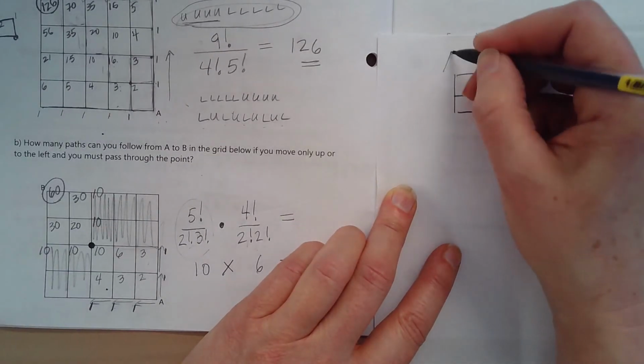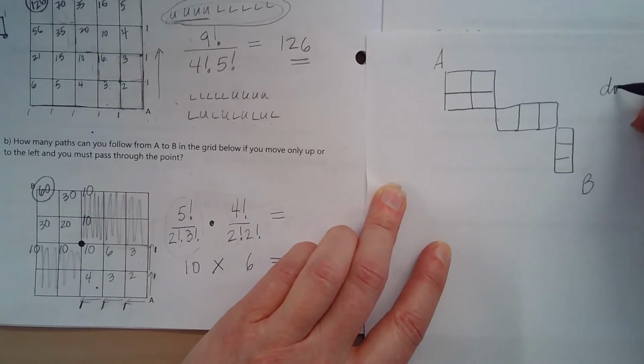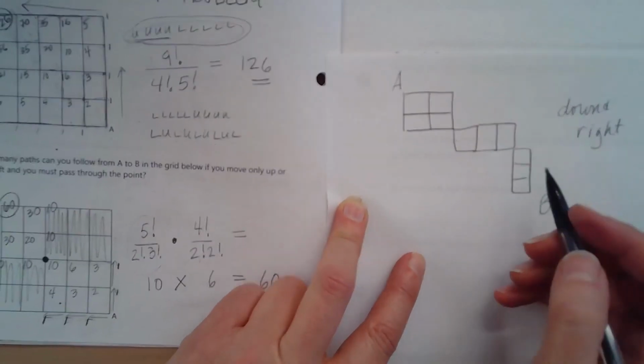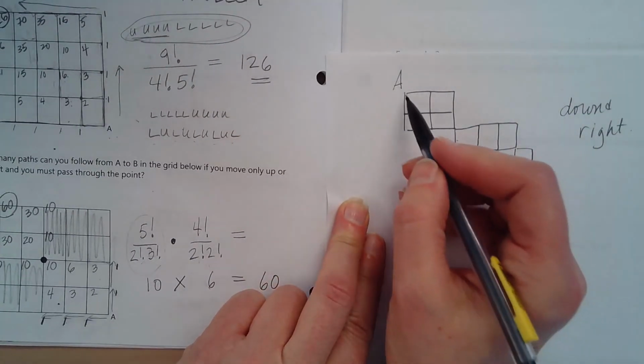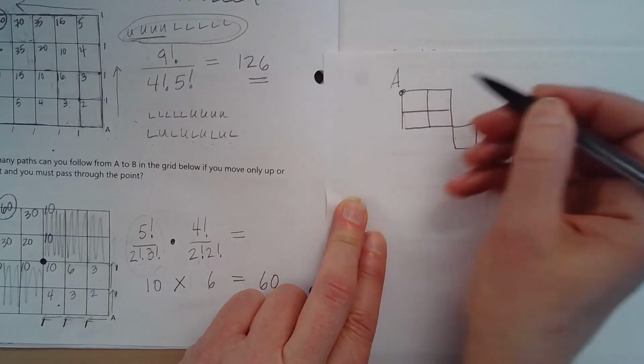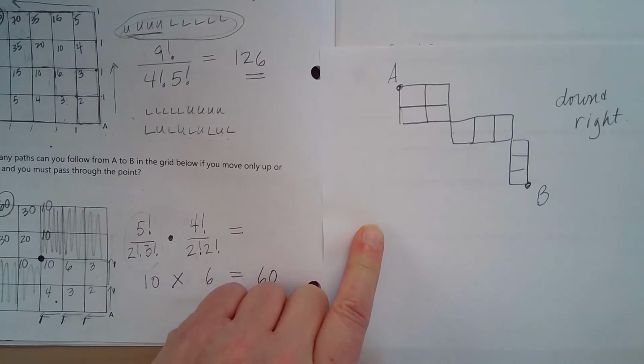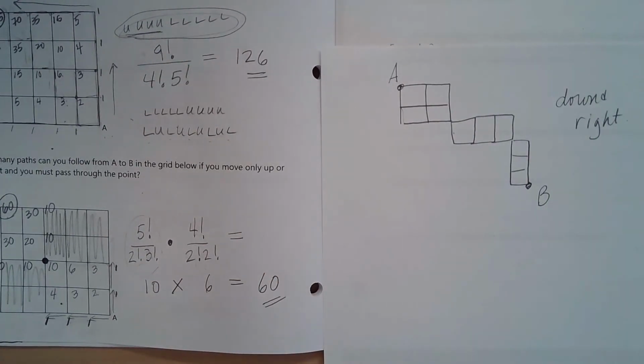Looks really weird. This time you're going from A to B. You can only move down and to the right. So I want you to find how many paths there are, and you can only walk in straight lines, you can't cut diagonal. So you're traveling from point A to point B, and that's your pathway system. You can either do it just the formula way, or you can do it with counting corners.